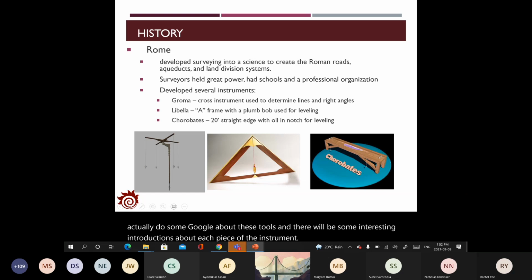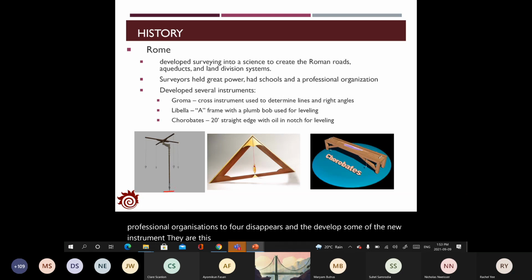In Rome, surveying was further developed, and they even created a science to develop roads in Rome, which was also still applied to land division. They had professional organizations for surveyors, and they developed new instruments.